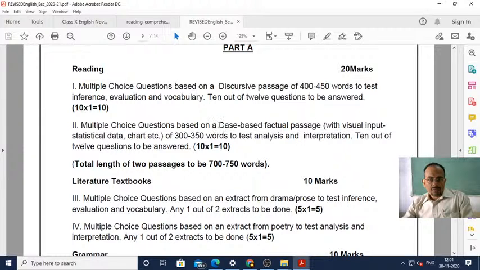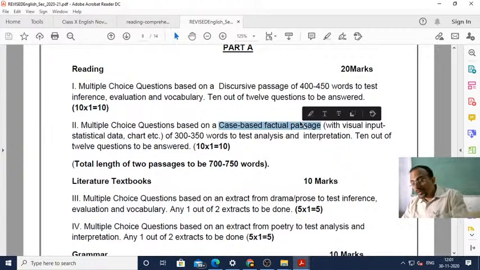The multiple choice questions are more, but it does not mean that the question paper will be very easy.